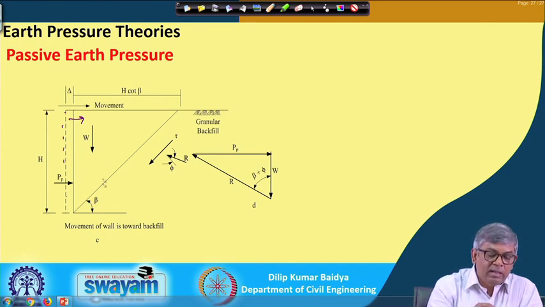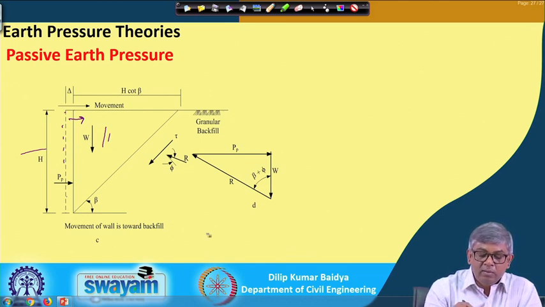When the wall moves this side, P p will be the passive pressure, along with the weight and the resistance. The resistance earlier was phi on this side, now phi becomes the other side, since it is a passive case.